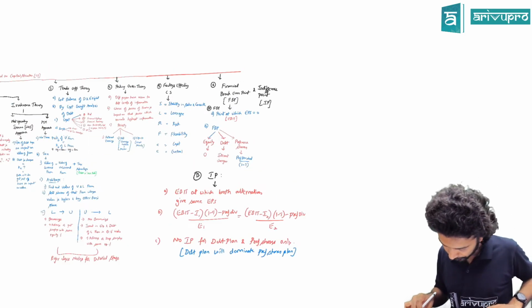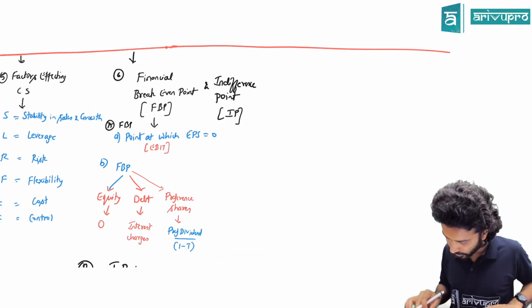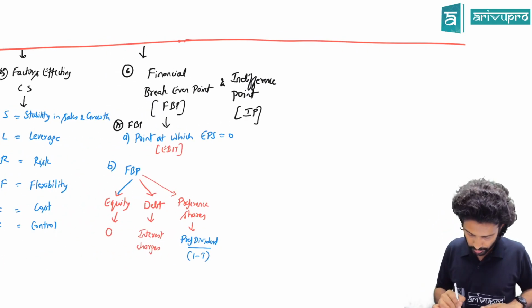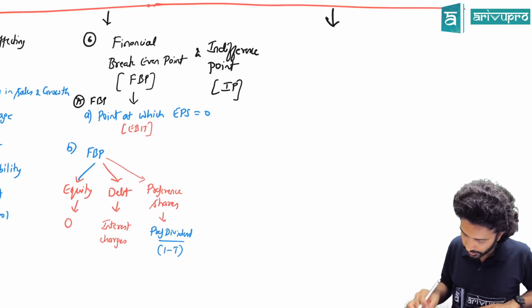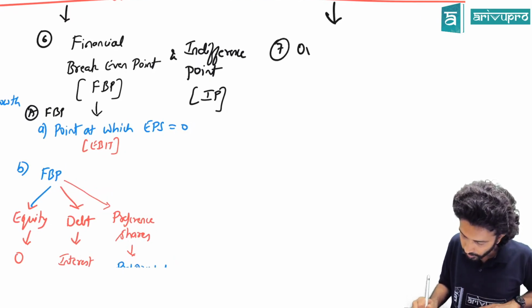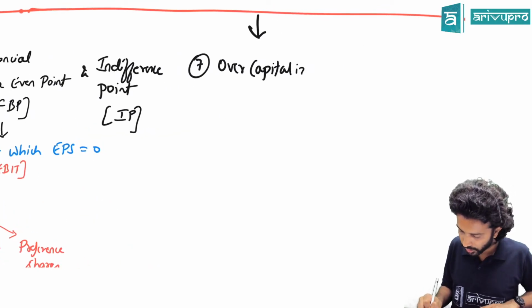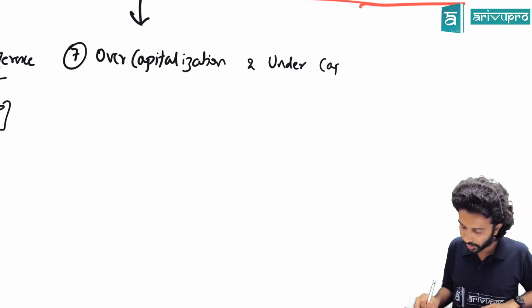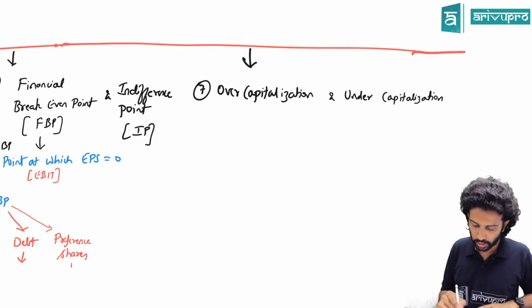Next is what? Overcapitalization and undercapitalization, it seems. Okay, let's write that. Point number 7: overcapitalization and undercapitalization. For overcapitalization, what and all can we write?